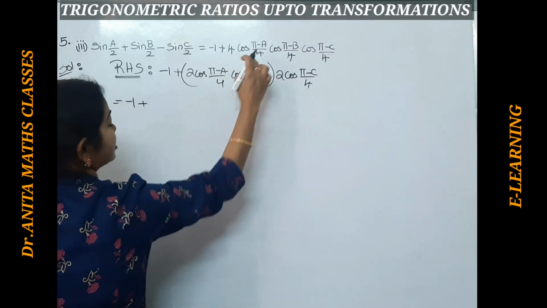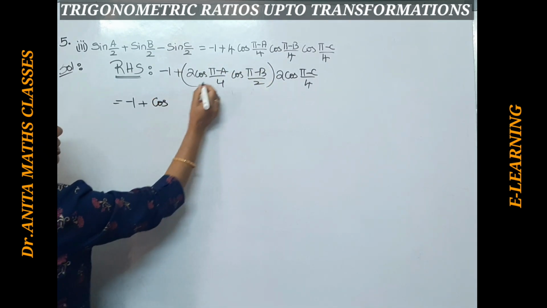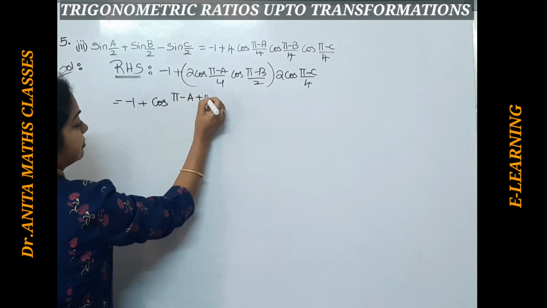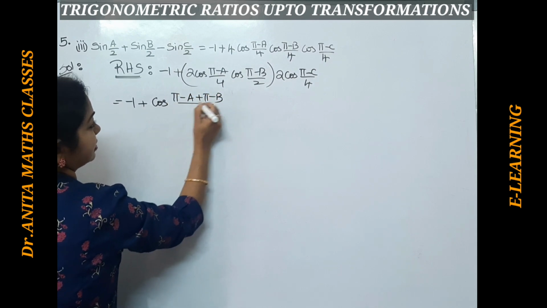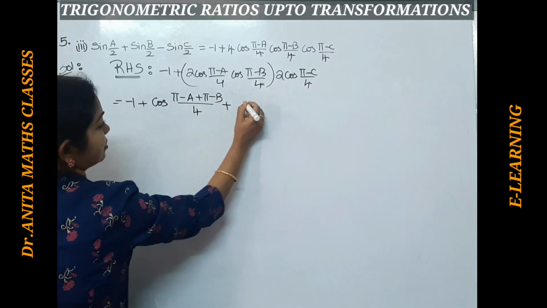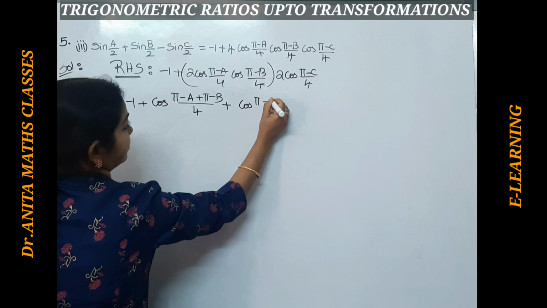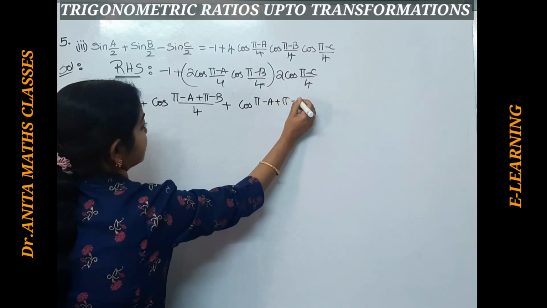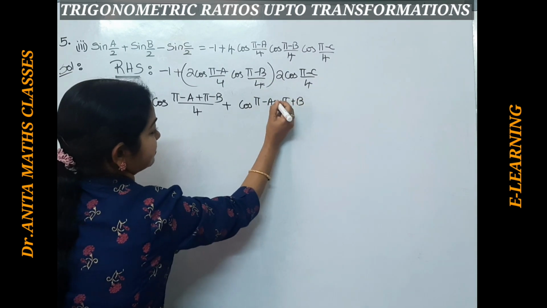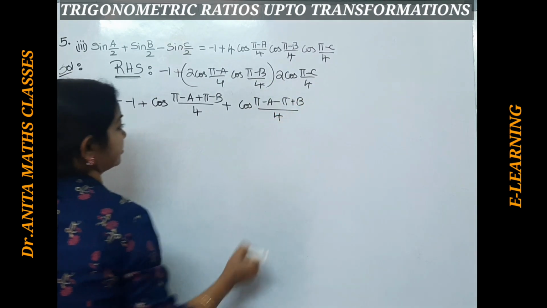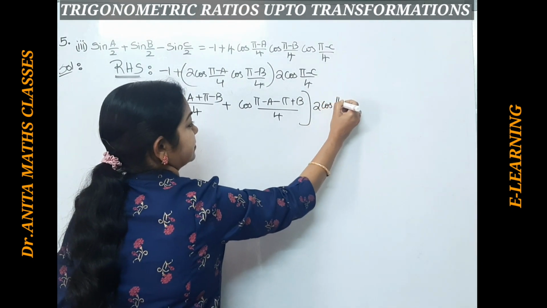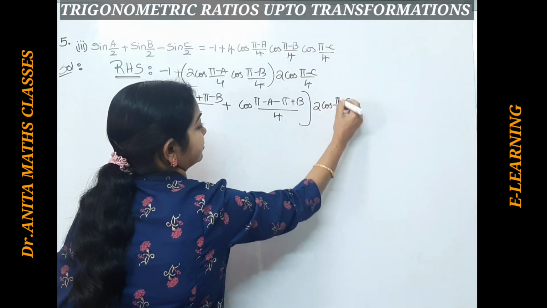So cos and cos, we get cos of a plus b, that is pi minus a plus pi minus b by 4, plus cos of pi minus a minus pi plus b by 4. And we have 2 cos of pi minus c by 4.